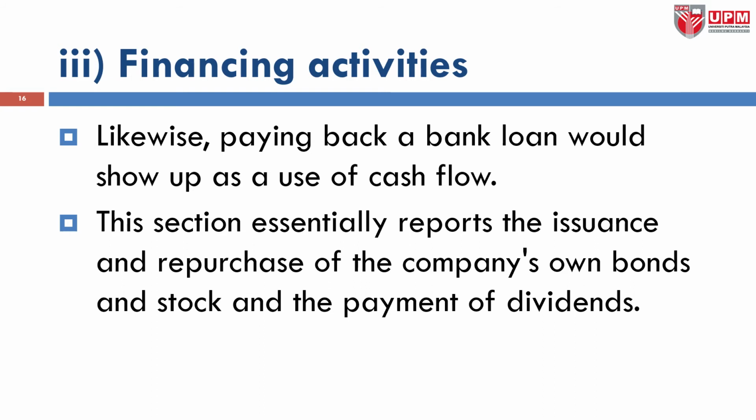Whenever the company pays back to the banks, the cash will be stated in these financing activities. This section essentially reports the issuance and repurchase of the company's own bonds and stock and payment of dividends.